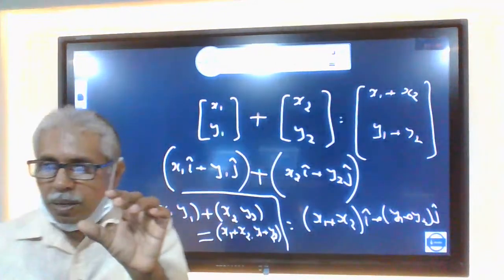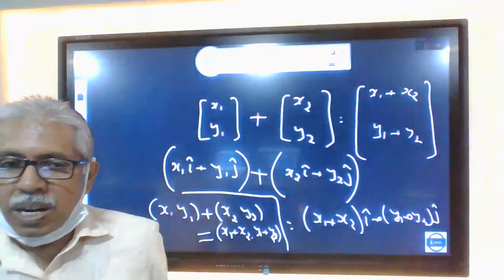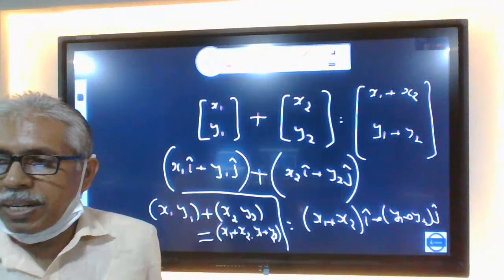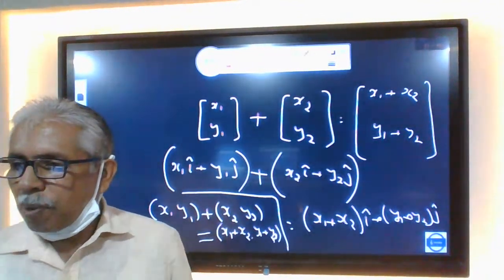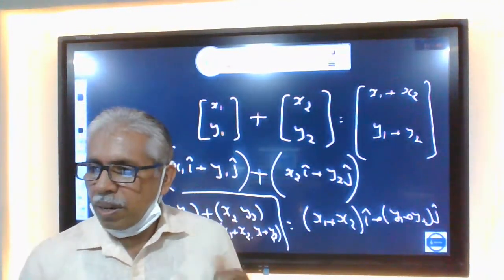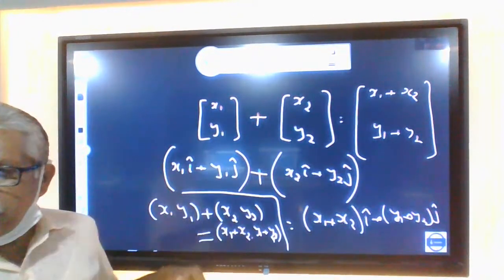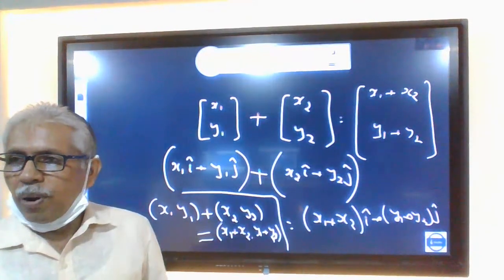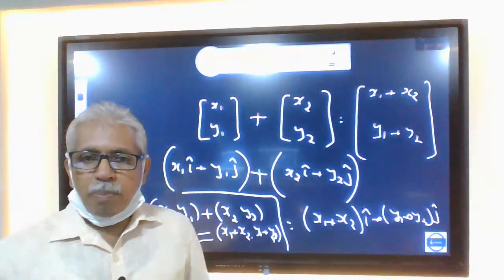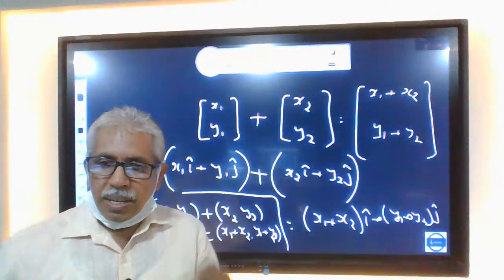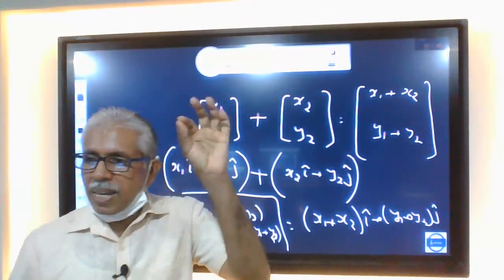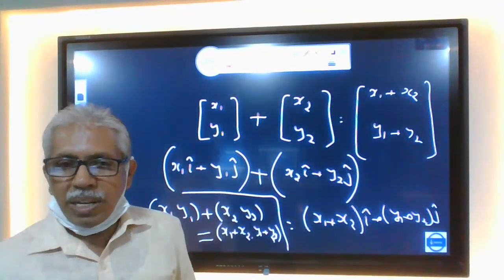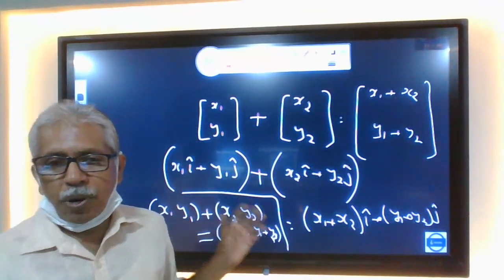That means points in the two-dimensional plane can be added. A similar idea holds for points in the three-dimensional space also. For that, you need to consider the vectors i, j, k. Coordinate-wise addition is the meaning of addition of points.